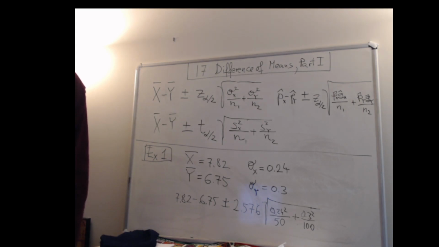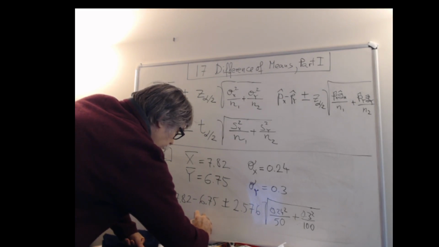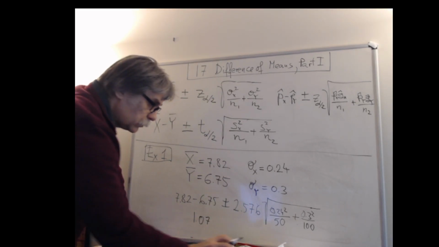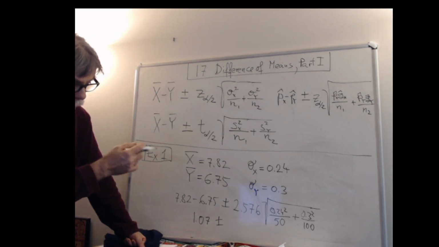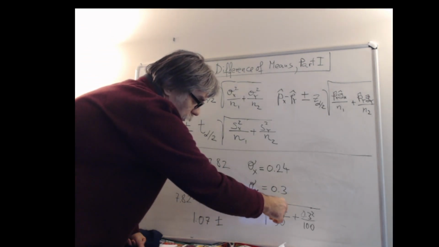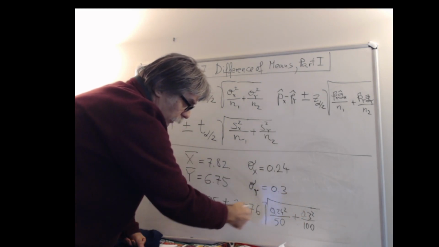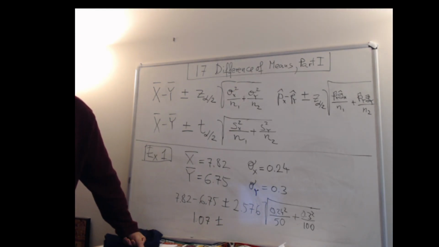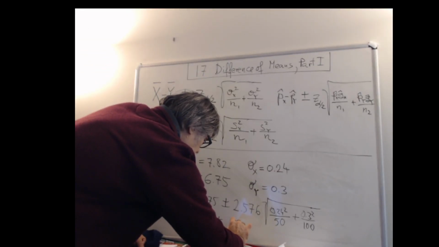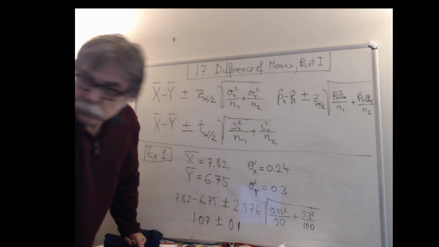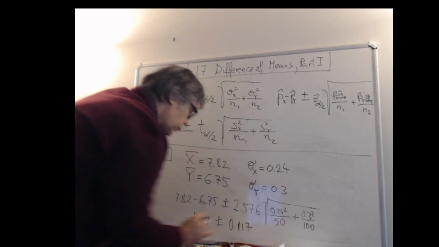So after I calculated, I got this one to be 1.07 hours. Everything is in hours, give or take, and that thing here, I need to square this, divide, add it, take a radical, multiply by 2.576, and you would eventually get 0.117. It's a pretty good estimate.